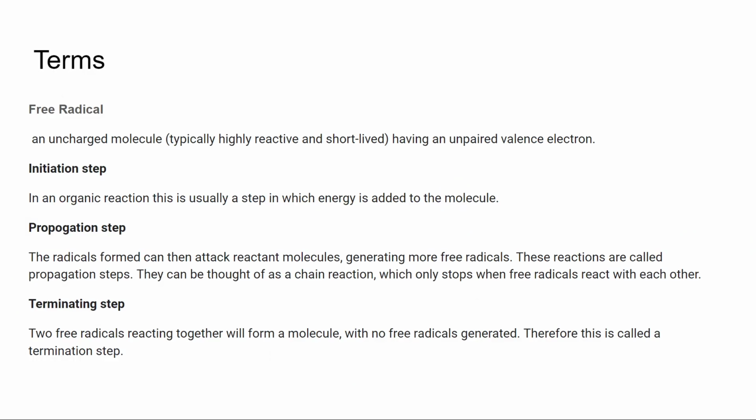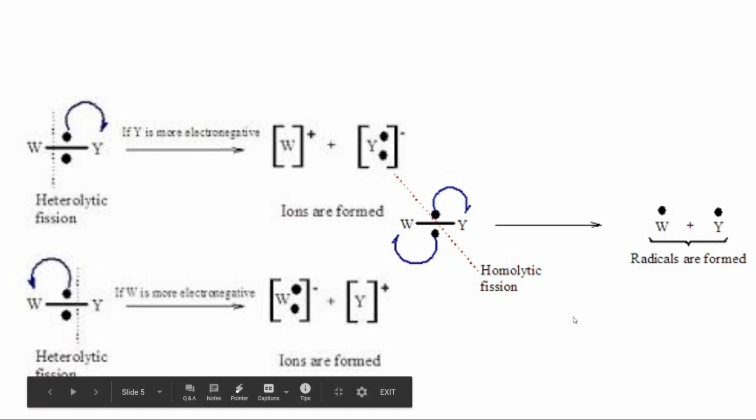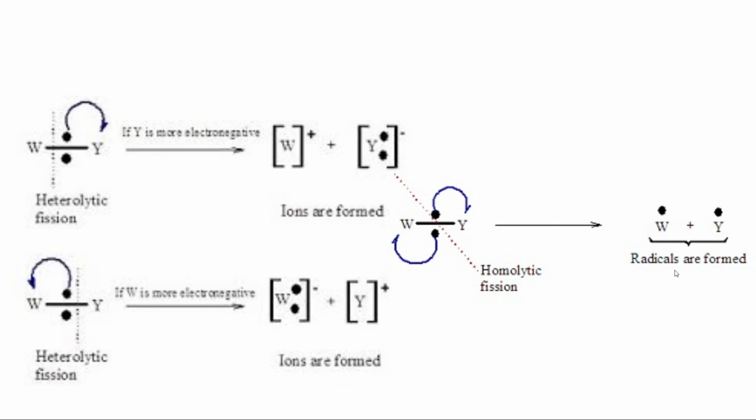Next, in the case of homolytic fission, because the atoms have the same kind of electronegativity, we'll end up getting these types of radicals formed. When we have unbonded electrons, we typically call those radicals.